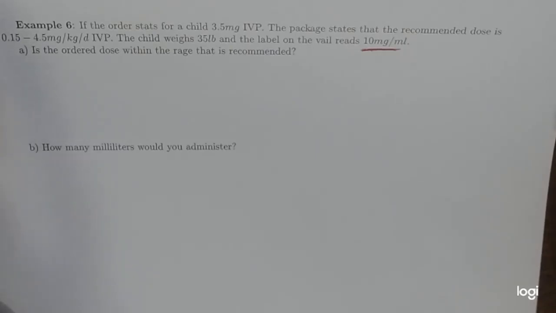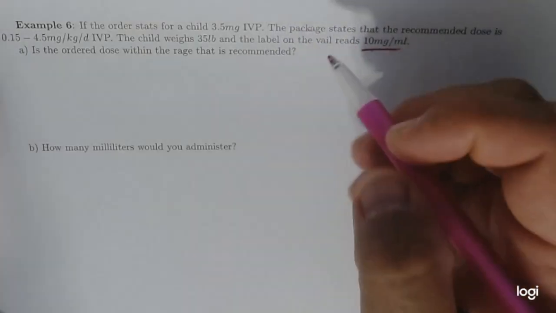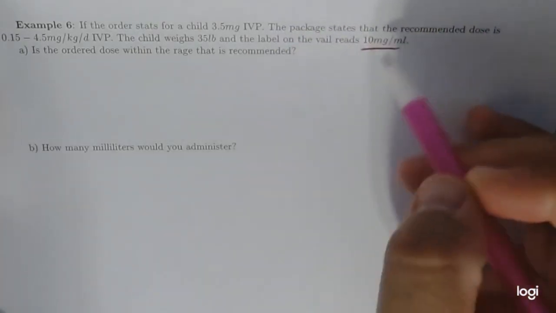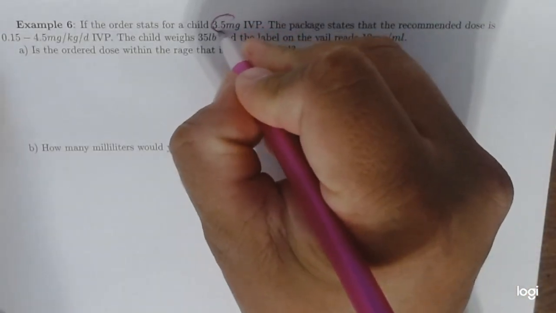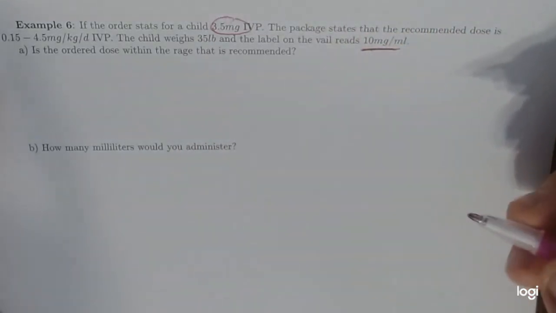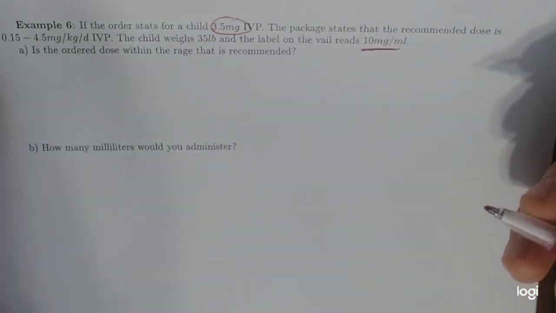This is an interesting question. What we want to do is convert the ranges into the dosage itself. Our order is 3.5, and we want to convert that to how many milligrams per day this is going to be.